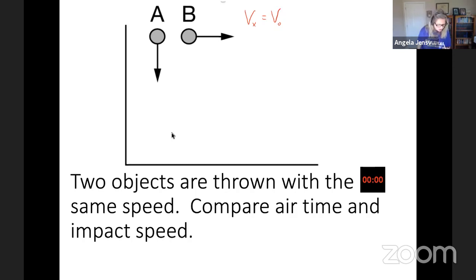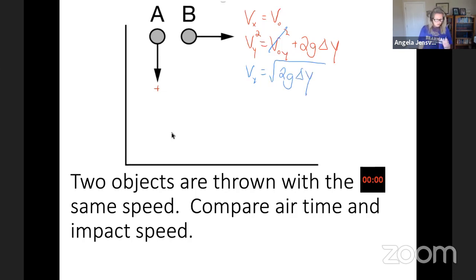Now in the vertical direction, let's use this equation. I'm going to call down positive, so down is the positive direction. V naught y for object B is 0, because it's launched horizontally. So Vy, the final vertical velocity, is equal to the square root of 2g delta y.